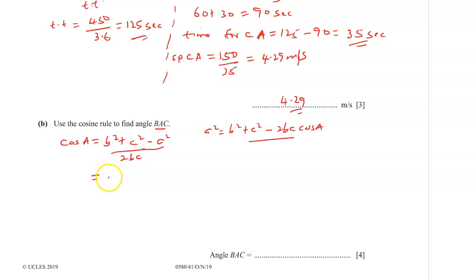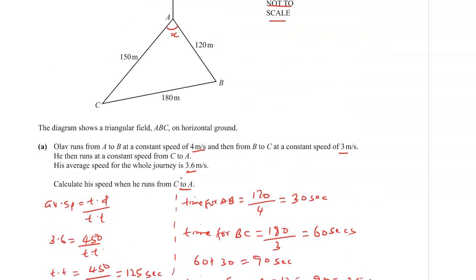So b is 150 squared, c is 120 squared, minus a, which is 180 squared, over 2 times 150 times 120. You can see here c is this one, b is this one, and a is this one.